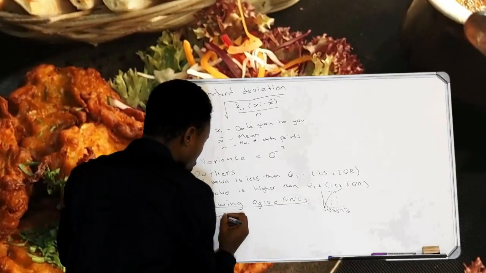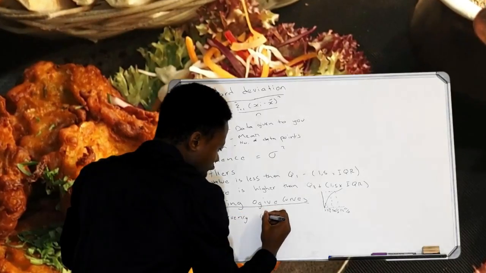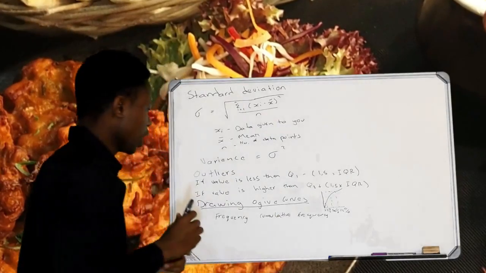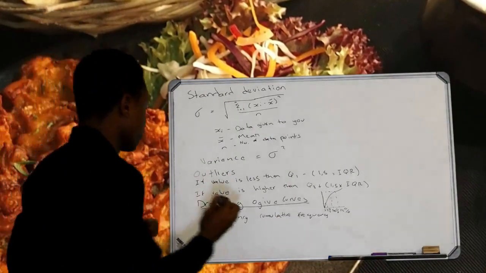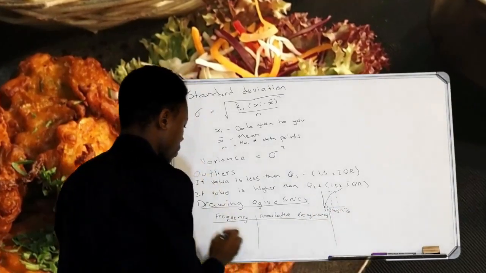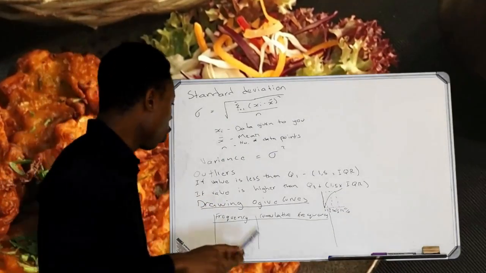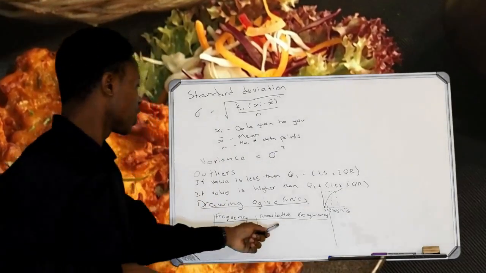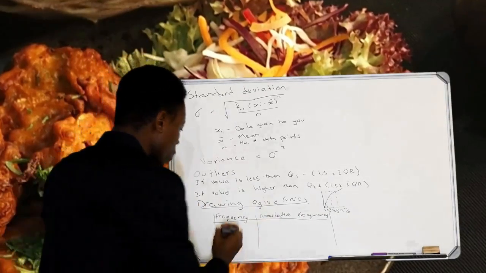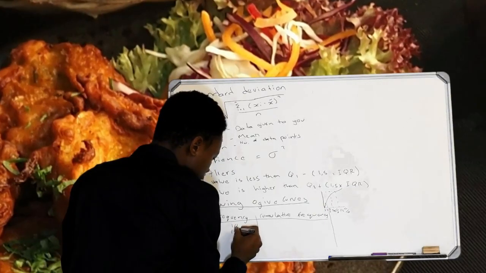Other things to note when drawing these is that you are given, let's say, a table. It has frequency and cumulative frequency, right? What this means is they will not give you the cumulative frequency. They will just give you the frequency. Let's say they gave you 10, 15, 3, and 7.